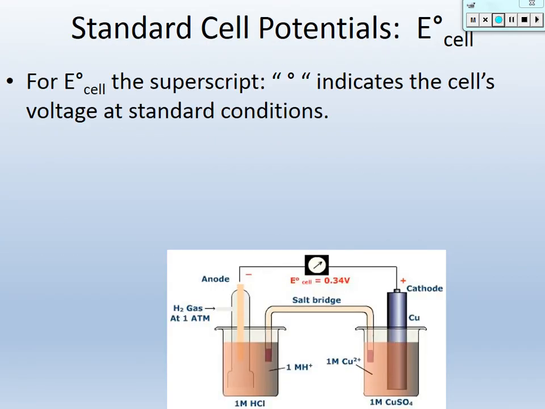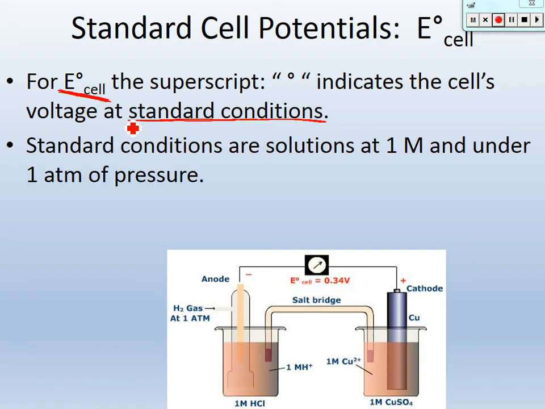The potential energy of the cell, this E naught of the cell, is a notation you're going to see a lot in the coming days in class. The superscript, this little o, is what chemists would call naught. So this symbol is the E naught of the cell. That little naught tells us that the cell's voltage is calculated under standard conditions.